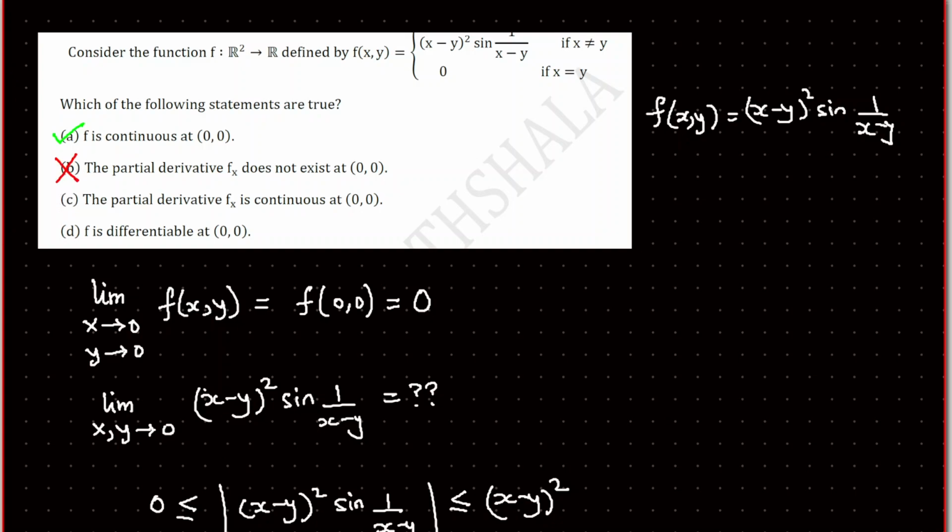Now it asks whether the partial derivative is continuous. So let's look at the functional form of the partial derivative.